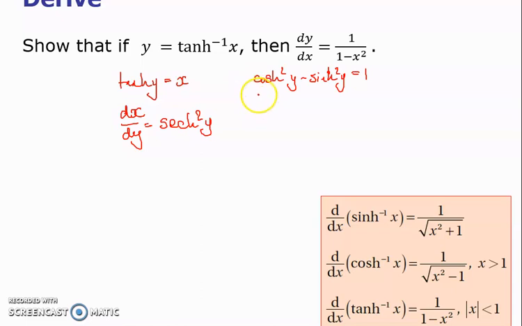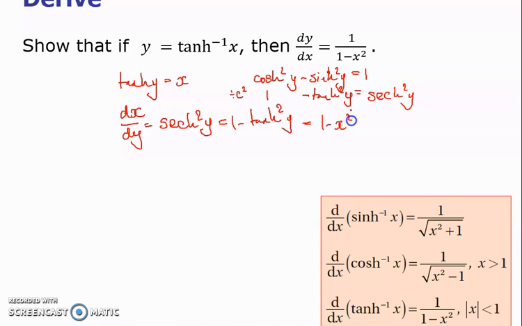Divide everything by cos squared, you get 1 plus tan squared y equals sec squared y. So I can write this as 1 plus tan squared y. And what's tan squared? Well, tan y is x, so this must be 1 plus x squared.